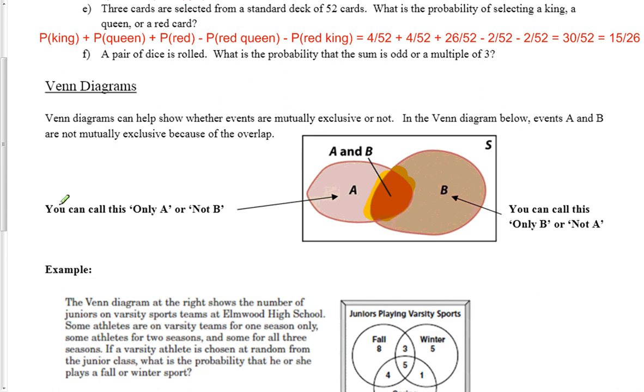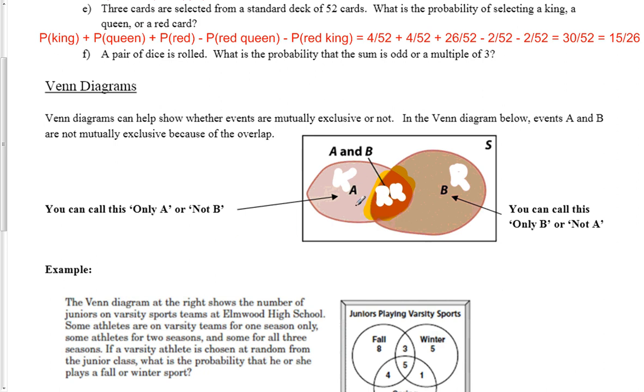And so when we talked about, for example, a probability of a king, so let's say probability of a king over here and probability of a red card here, in the middle you would have the probability of the red king. And that's what they're referring to when they have a Venn diagram like this.